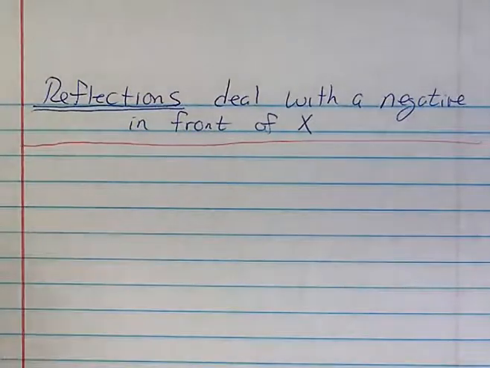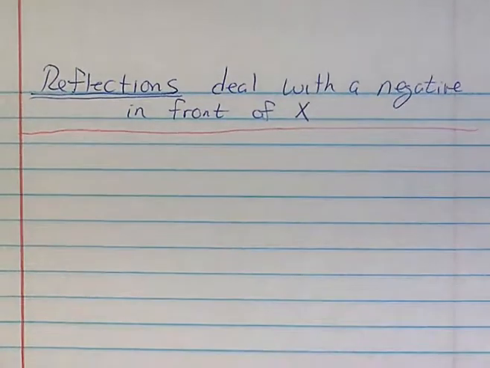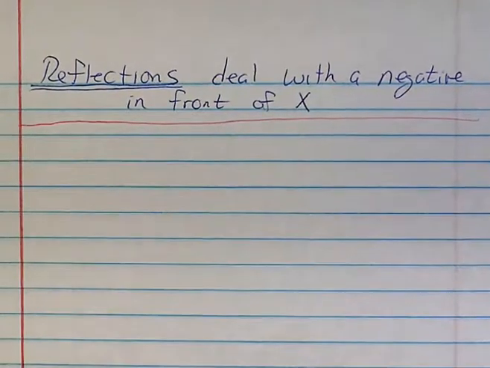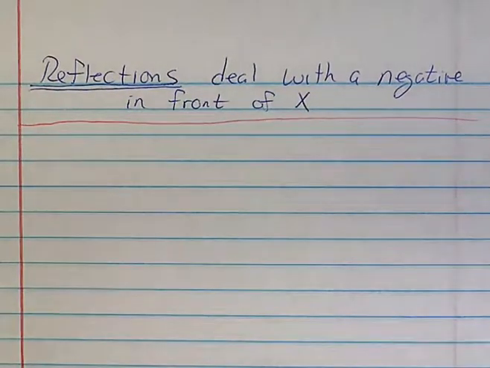Okay, all that reflections are is when you put a negative in front of x. And it's kind of like the very first two things we did. Where you put the negative makes a difference in where it's going to go.